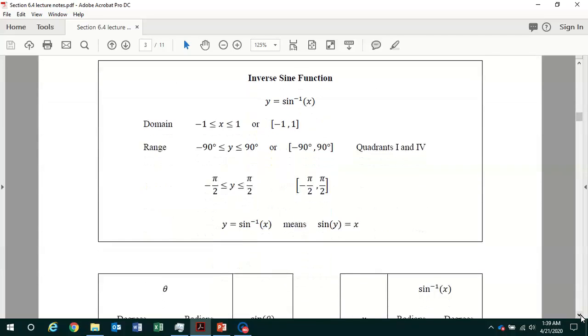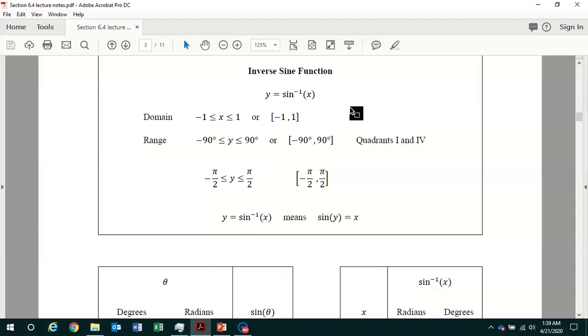So on the next page, I have the domain and the range of the inverse sine function summarized. Again, this is the equation, y equals the inverse sine of x. X is a number and y is an angle. So for each number we put in for x, we get some angle between -90 degrees and +90 degrees.